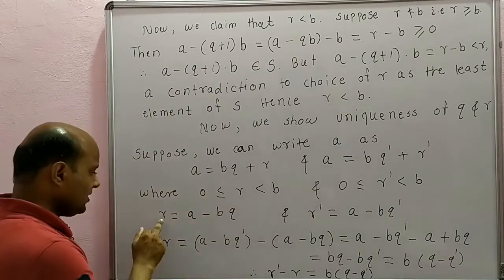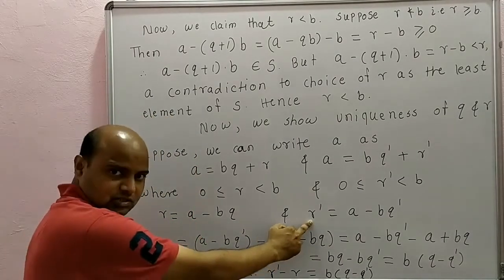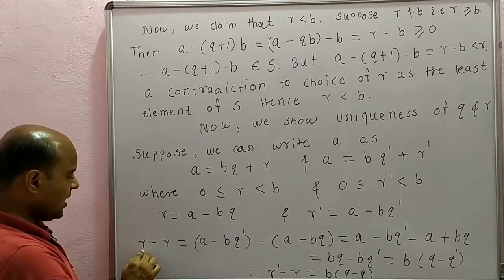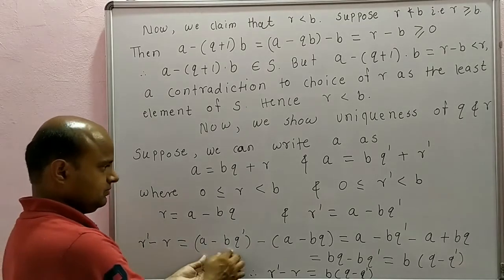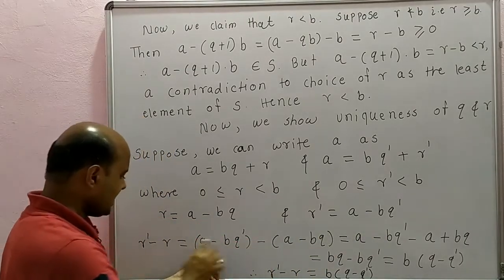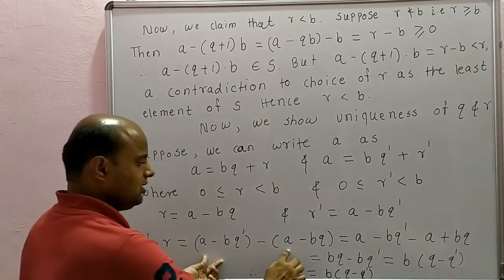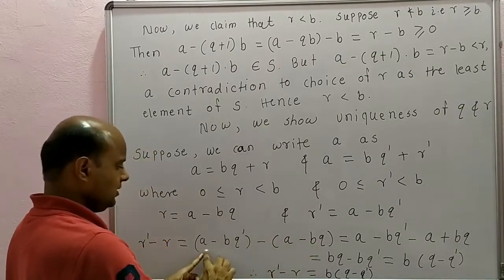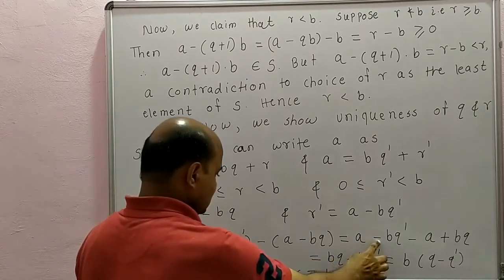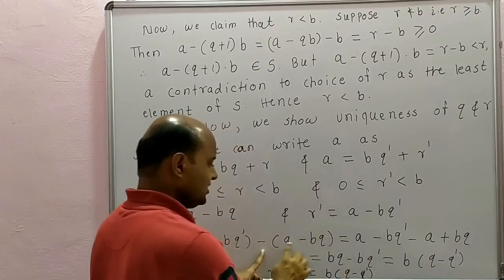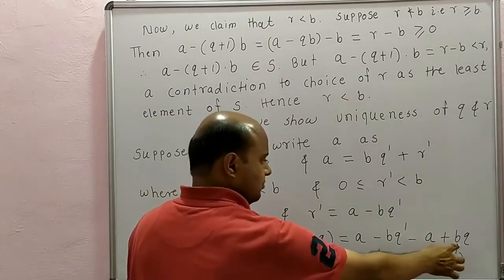When I subtract R from R', we will get R' − R = (A − BQ') − R, and R is A − BQ. Now I simplify these brackets. A − BQ' as it is, minus A, and minus minus becomes plus BQ.